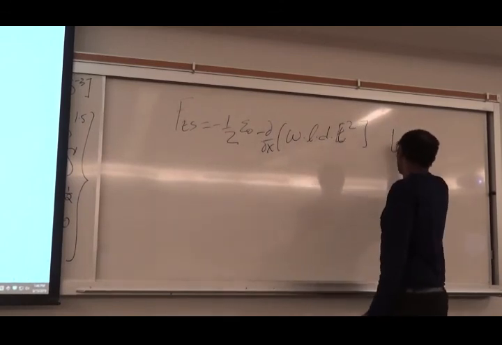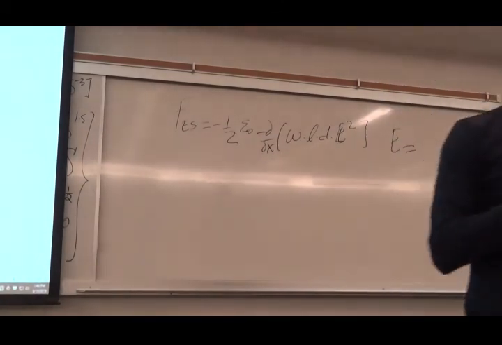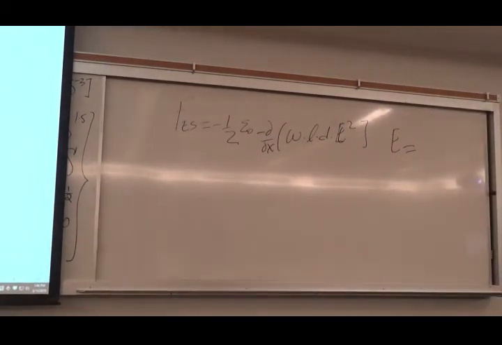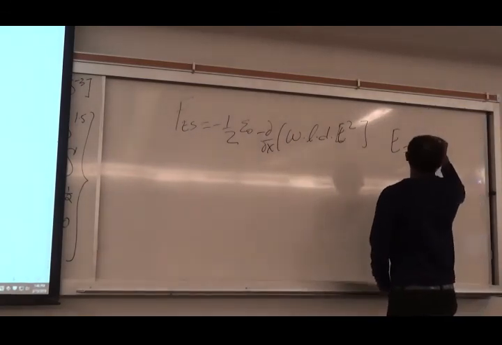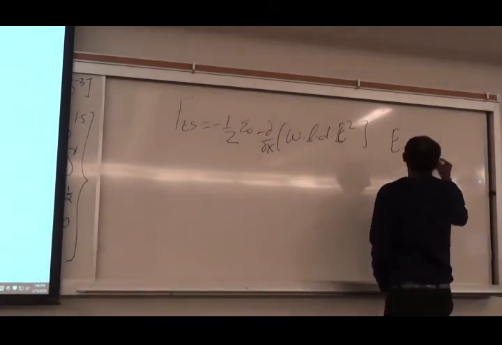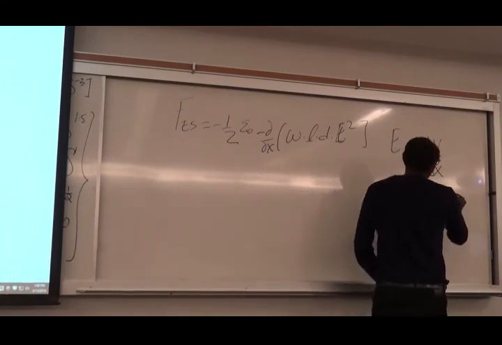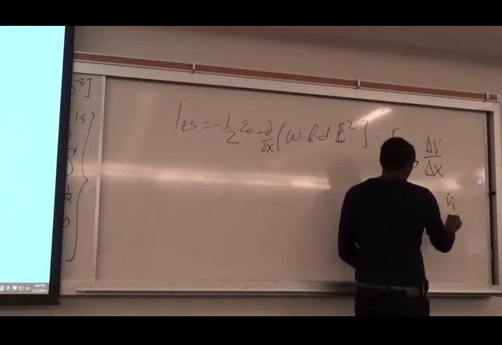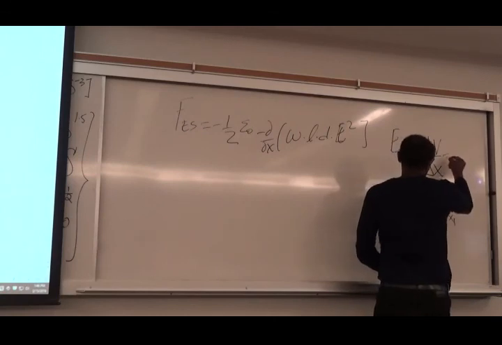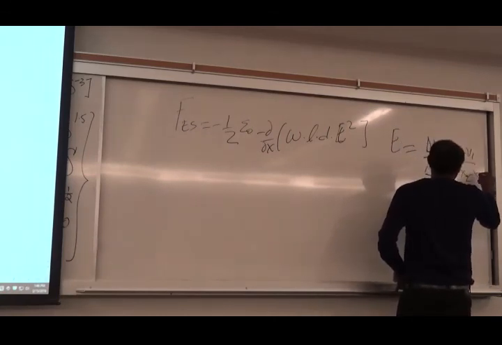Now E, I need you to remember this. Electric field, it's not a big deal. I've been talking about this from day one, okay? Electric field is delta V divided by delta X. So if I have 2 points, V2 and V1, with coordinates X2 and X1, then this is V2 minus V1 divided by X2 minus X1.